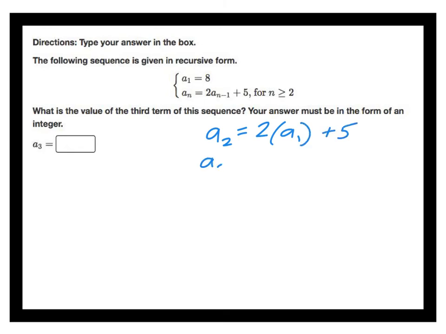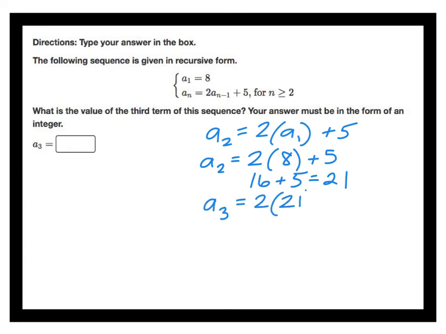So to find A2, it's 2 times 8 plus 5, or 16 plus 5, which is 21. So that's A2, but that's not what they asked us to find. They asked us to find A3. So that means we multiply 2 times the one that came before it, plus 5, which is 42 plus 5, 47. And that's our answer for that question.